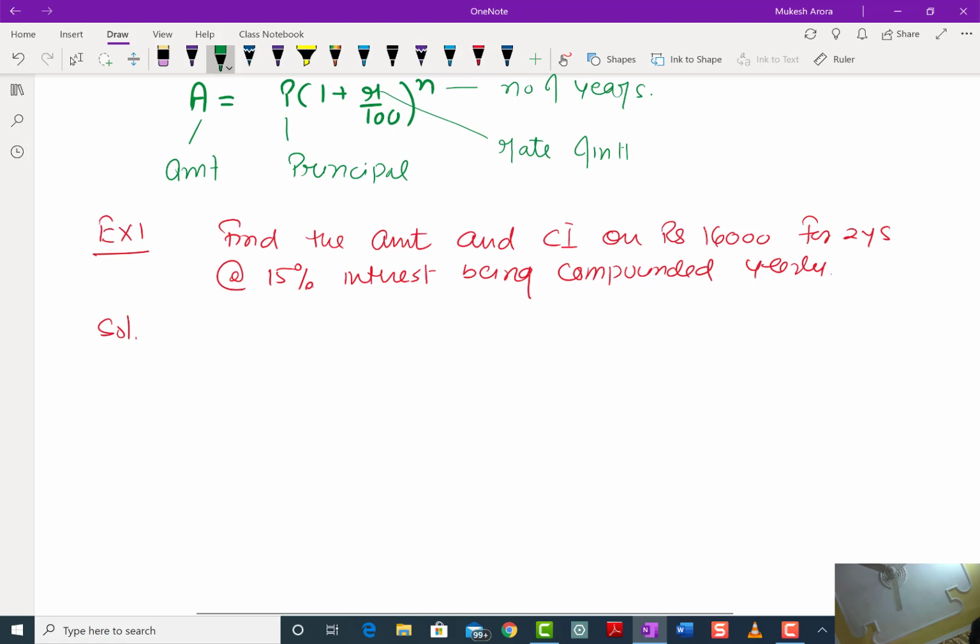So first of all we'll write the formula. A is equal to principal into (1 plus R upon 100) raised to the power n. Amount we have to find.